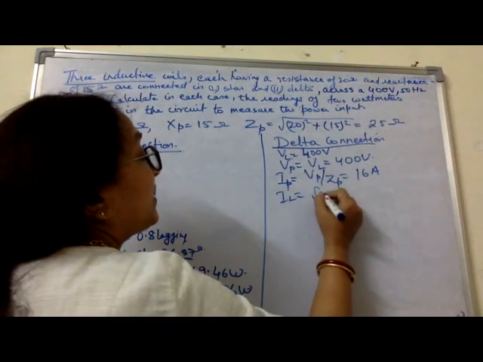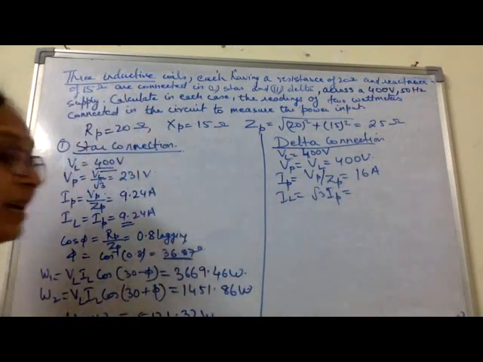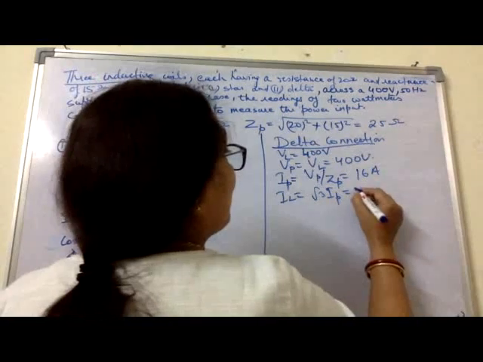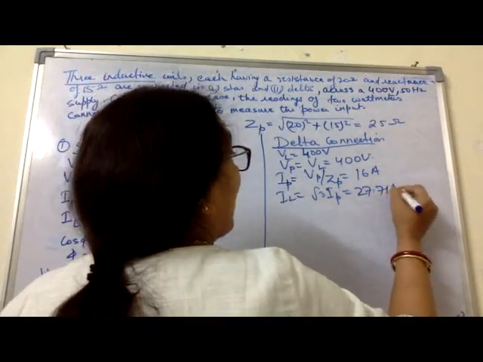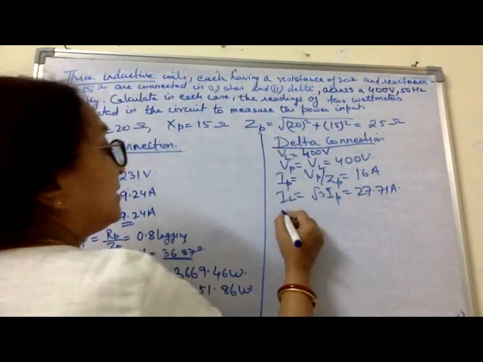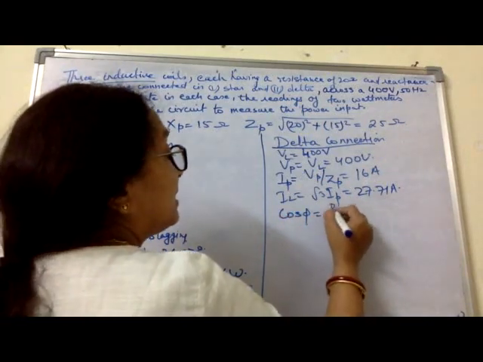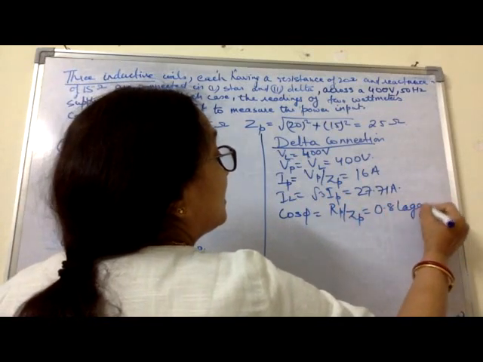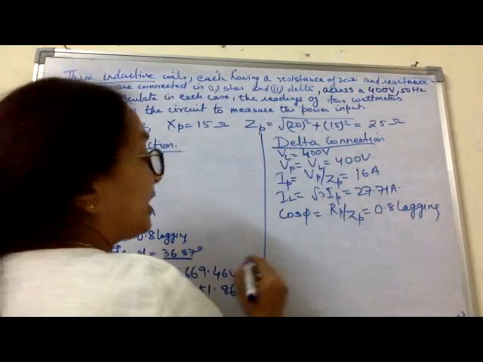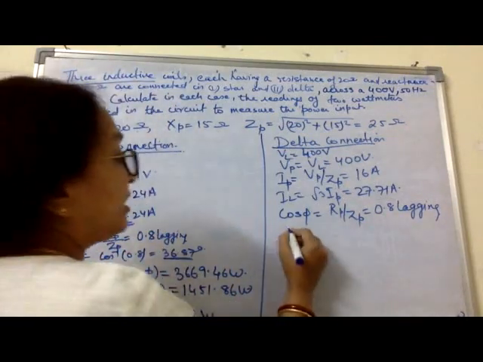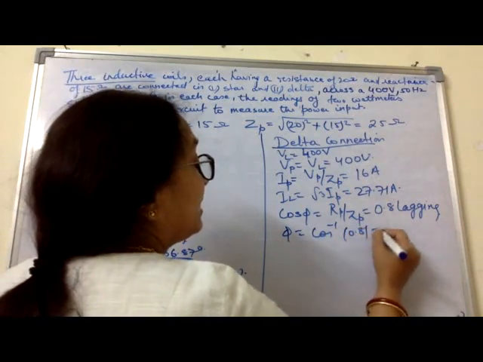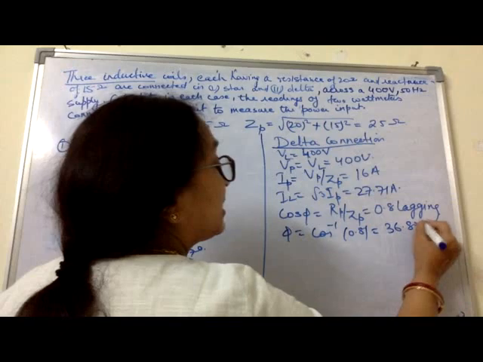The line current will be root 3 times the phase current for the delta connection, which is equal to root 3 into 16, that is 27.71 amperes. Then the power factor, because the resistance per phase and reactance per phase are the same, will also be 0.8 lagging as in the star connection. Phi is equal to cos inverse of 0.8, which comes out the same, 36.87 degrees.